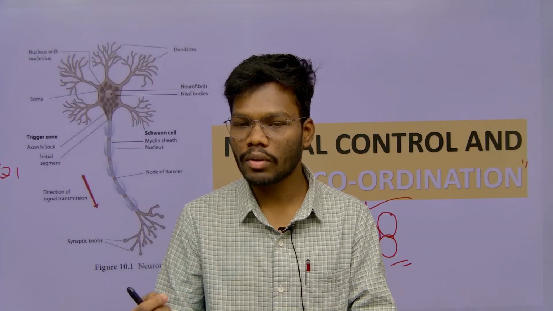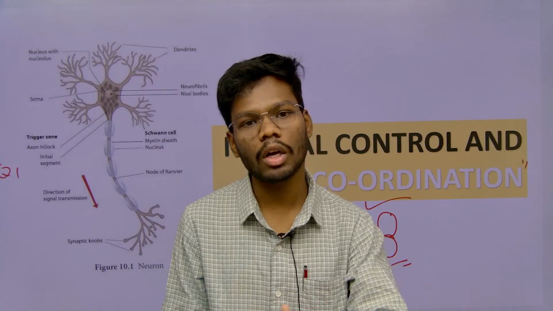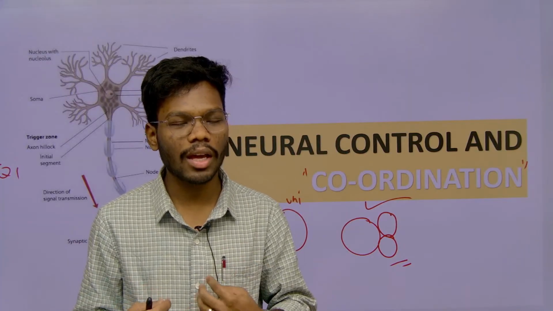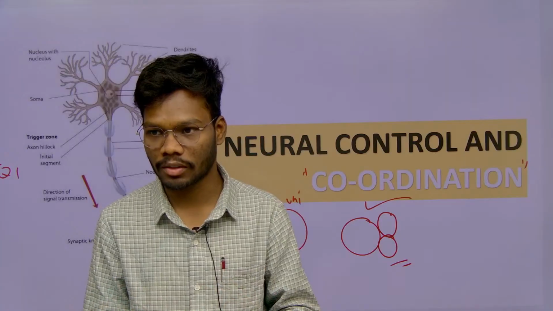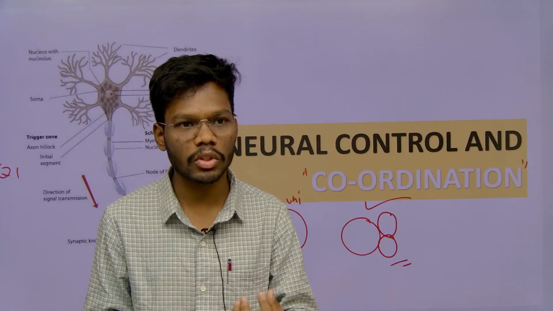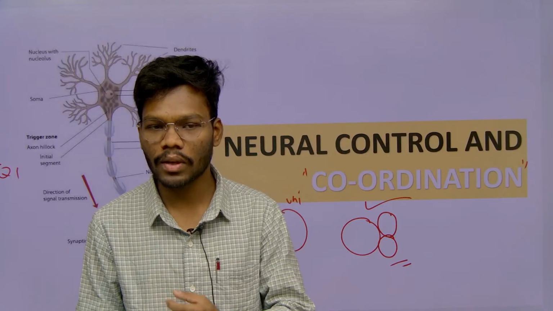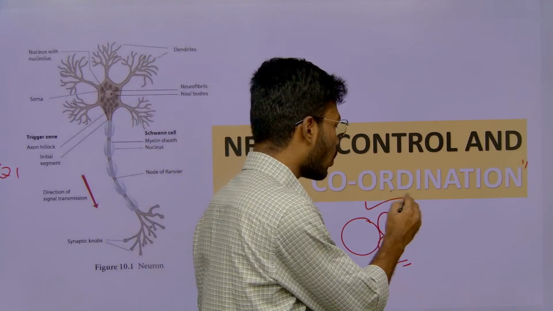So to do one function such as physical exercise, a lot of systems are involved. To perform one function, our tissues or organs have to communicate with each other. So that process is called what?